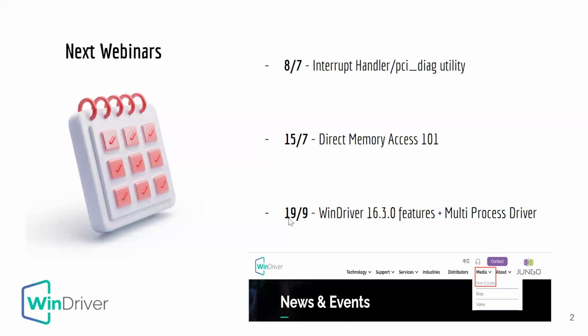And we will talk about this version's features and a multi-process driver. Okay, we have a special API for multi-process driver. I will talk about it today when I talk about the shared interrupt between processes. So sign up for this as well, because we are going to elaborate much more on how to create a multi-process driver.